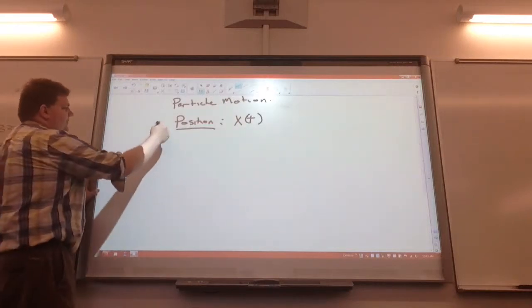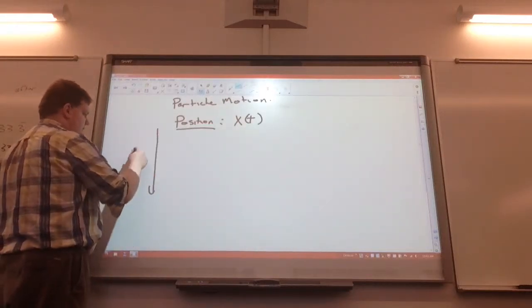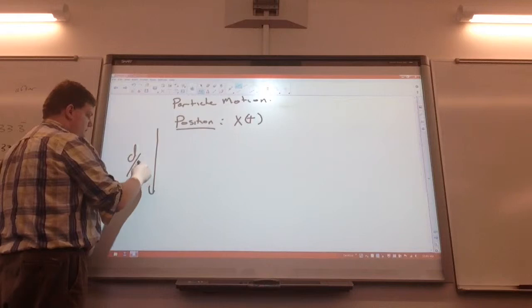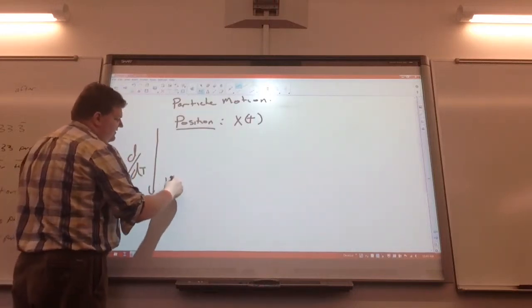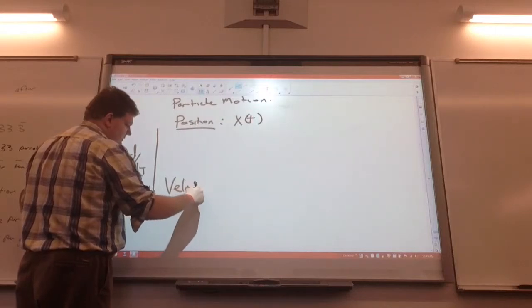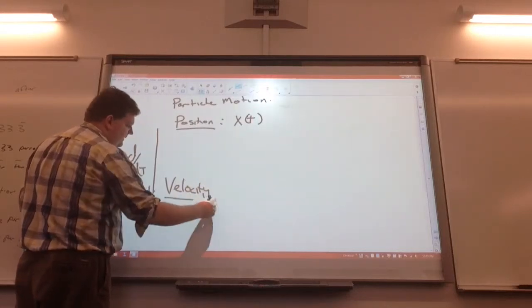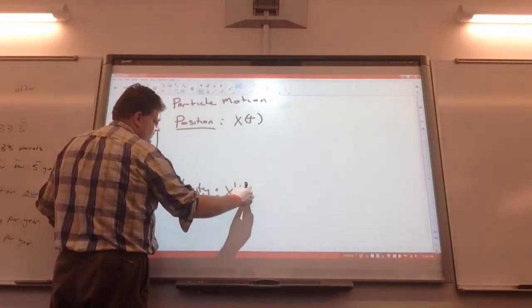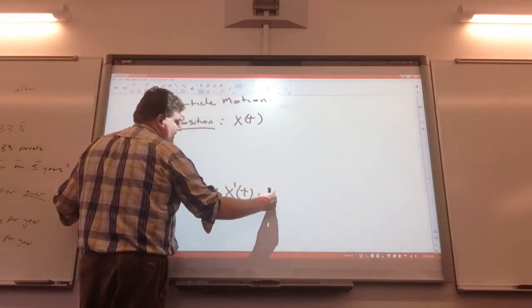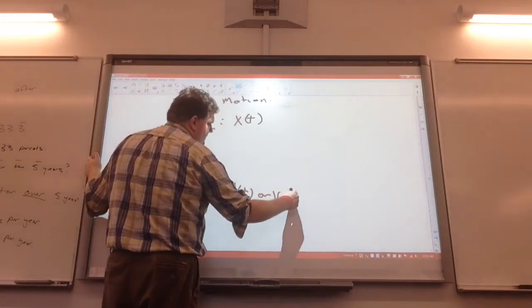Its derivative is going to be velocity. Okay? And velocity, again, is the derivative of the position. It's also written as v of t. Okay?